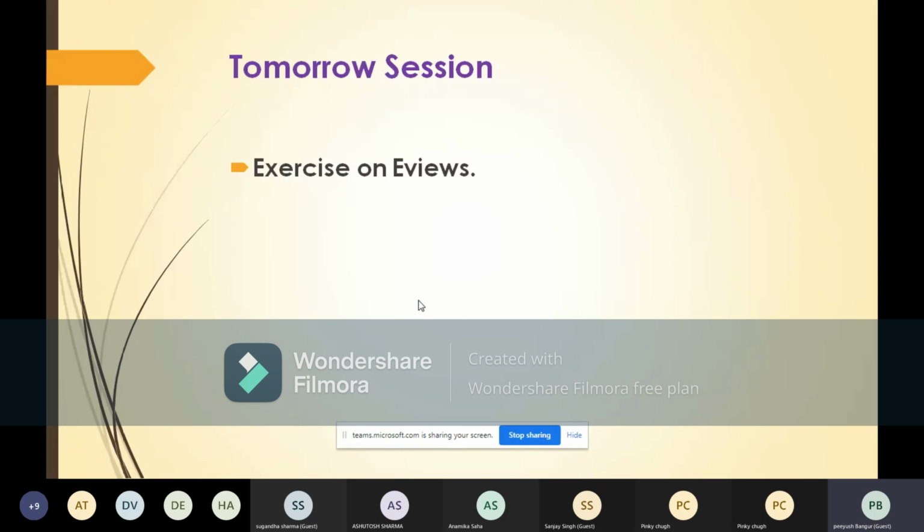Now, in tomorrow's session, we'll do some exercise on the EViews software with the regression model. This was the basic theory of the regression model, and tomorrow we'll do exercises so that we can understand how to interpret your results. I will send one or two data series to the coordinator of the event by this evening.